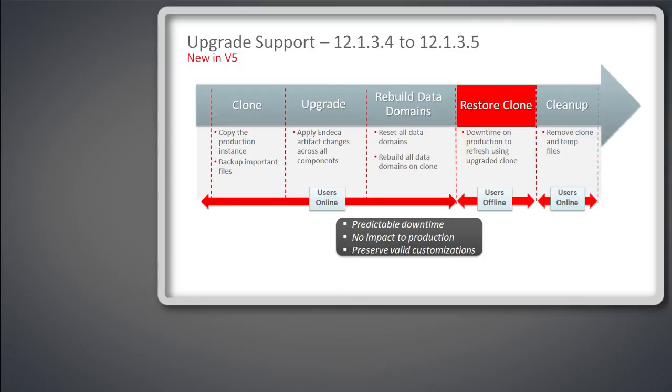For all of those first three stages, the users are online. Once you have that, you restore the clone, and the users will be offline. And then the last step will be cleanup. Once you have the cleanup, you are ready to go. So when you need to upgrade, we added upgrade support from V4 to V5. We already provide scripts and documentation for that.